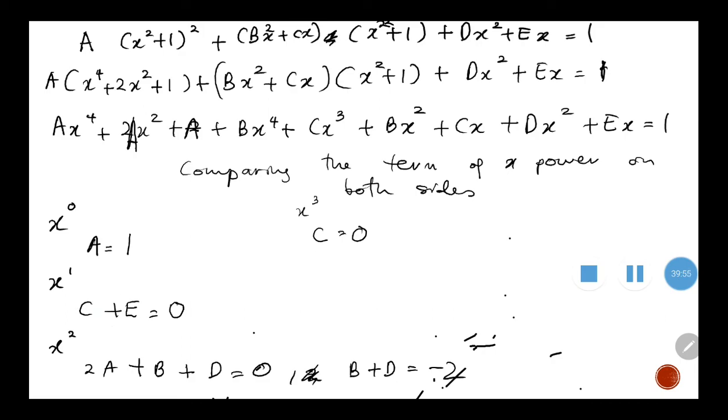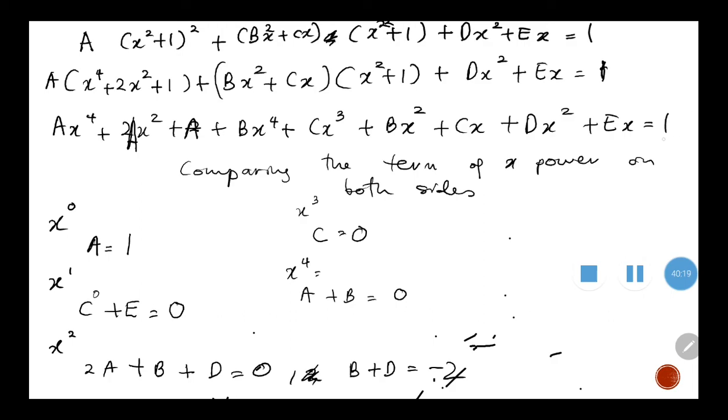Yes, we can. When you know c is 0, e is also 0. So x to the power of 4 is a plus b, and that is all equal to 0 because there is nothing to the power of x to the power of 0 here, right?